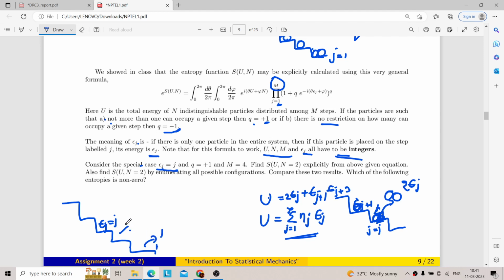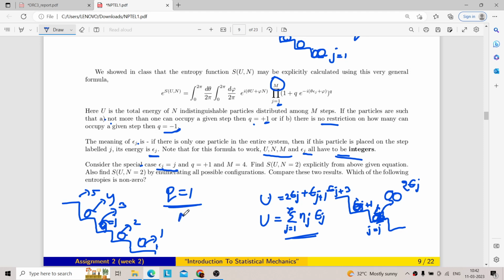For stair 2 we have energy 2, for stair 3 we have energy 3, and so on, right? And we are given q equal to 1, that means fermions. Q equal to 1 means fermion, that means we can put only one particle in each stair, right?